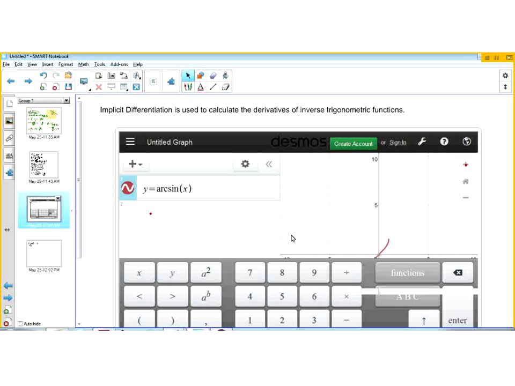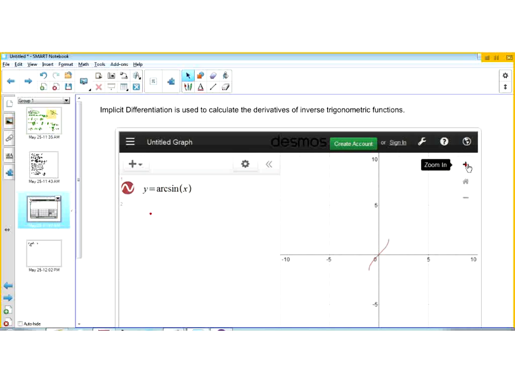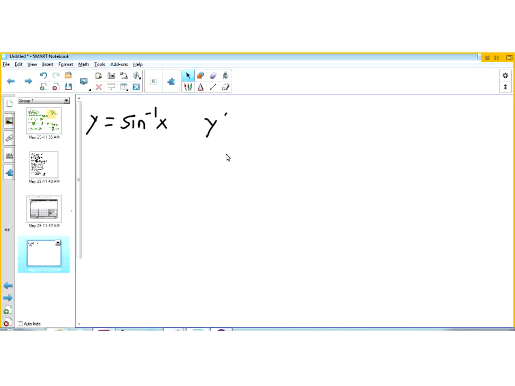Now it's shown in red, and you can tell by the graph that the function is continuous. It has no sharp corners, no holes, no vertical or horizontal asymptotes. So clearly, we can calculate the derivative of this function on the domain from -1 to 1. That should exist just by looking at the graph of the inverse sine function shown here, so we know we should be able to do it.